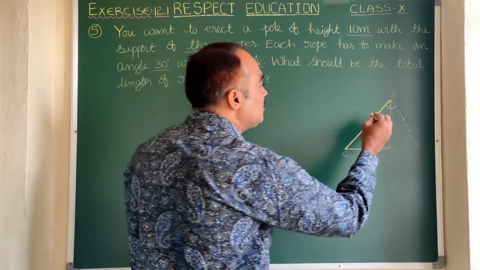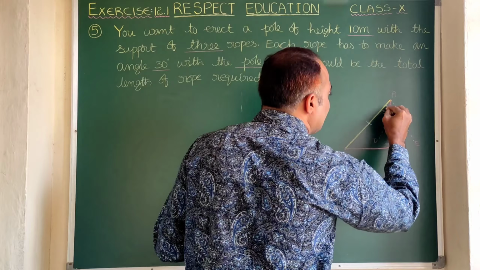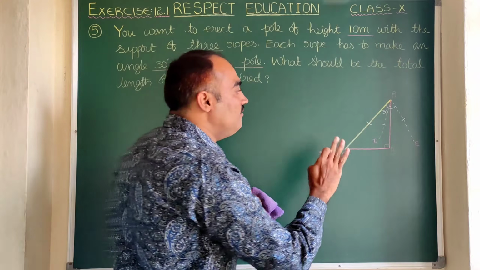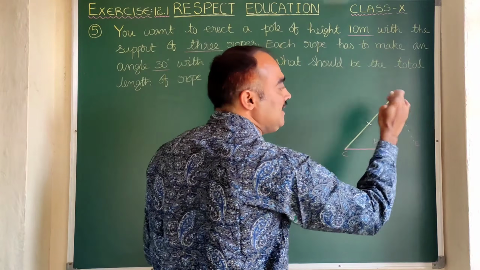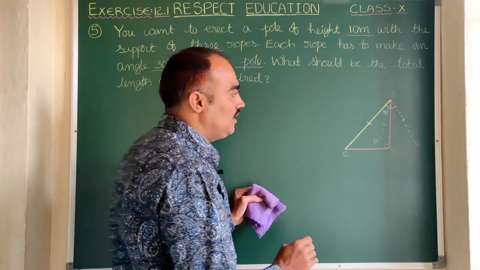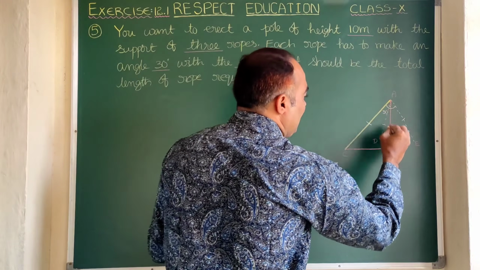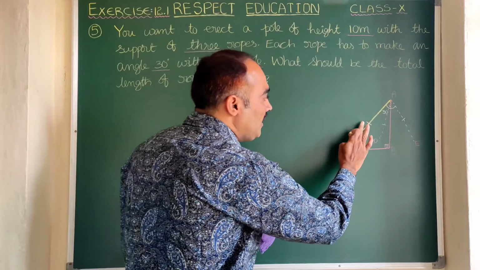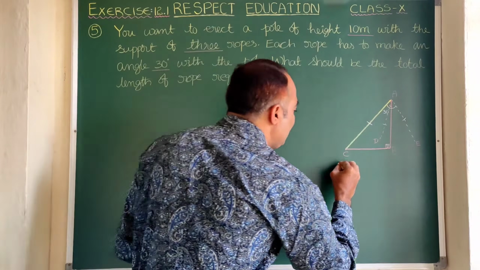Clear? So if we are able to find AC, then we need not find AD and AE separately, because AD, AE, AC, all the 3 are equal. Now we are going to find AC. Let us start the problem here.